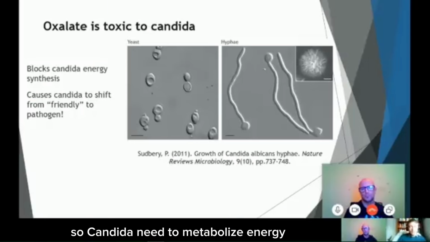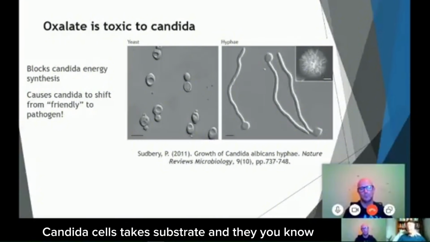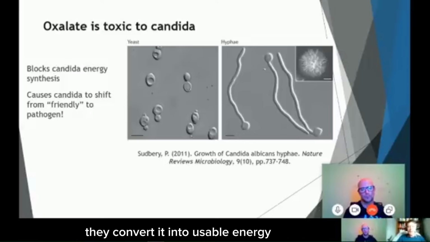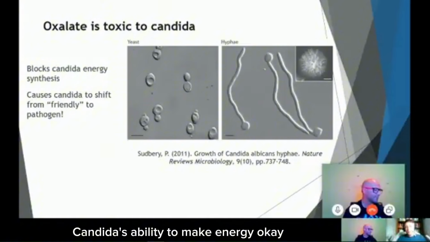Okay, so candida need to metabolize energy just like human beings do. Candida cells take substrate and they convert it into usable energy to basically maintain their daily function. What oxalate does to candida is it blocks candida's ability to make energy.